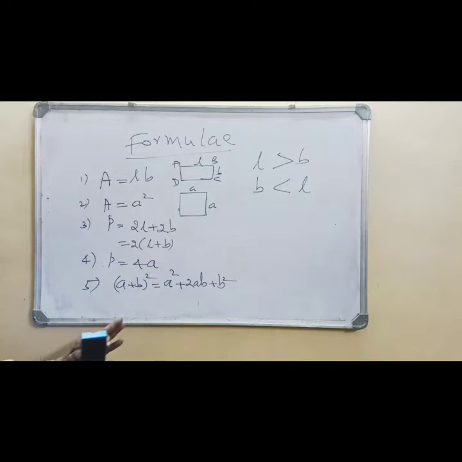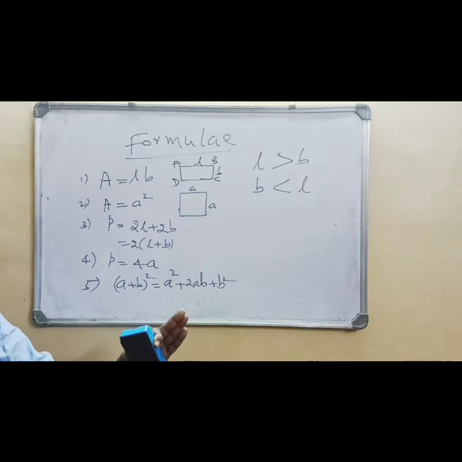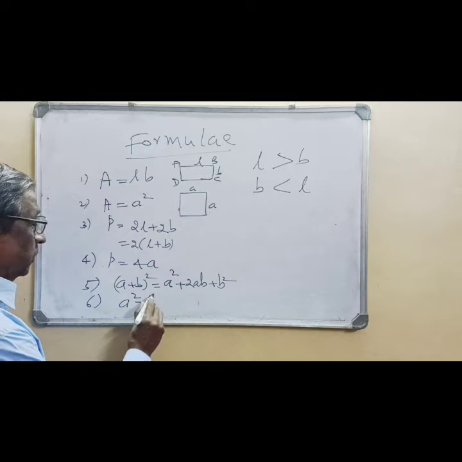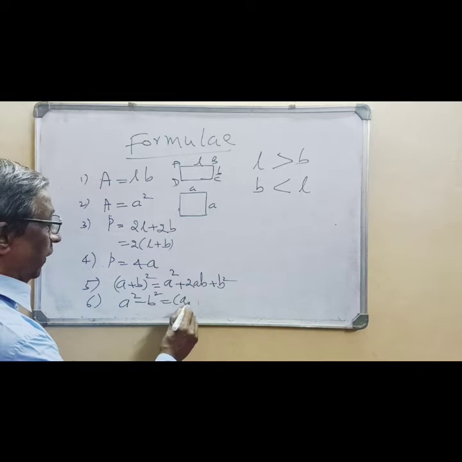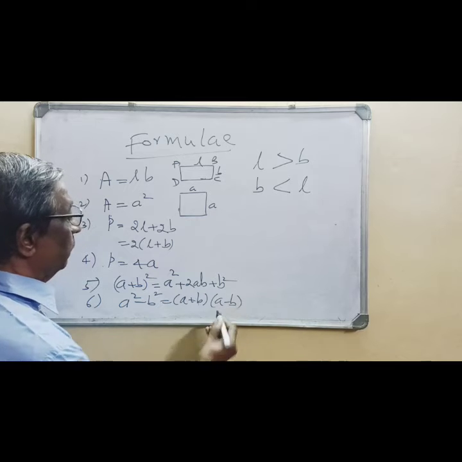Our Prime Minister Narendra Modi used to say this 2AB is bonus, because most of the students write simply A square plus B square, but it is A square plus 2AB plus B square. Like that, even A square minus B square is equal to (A plus B) into (A minus B).